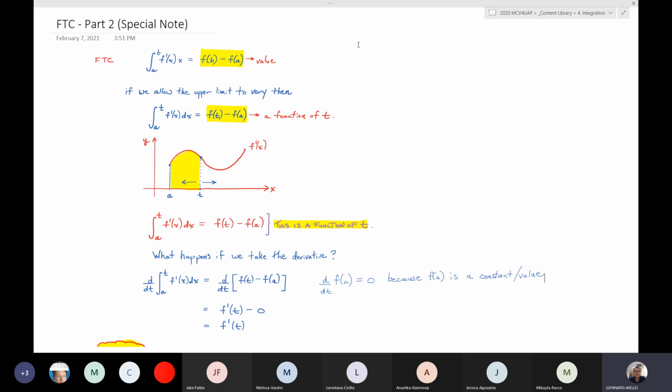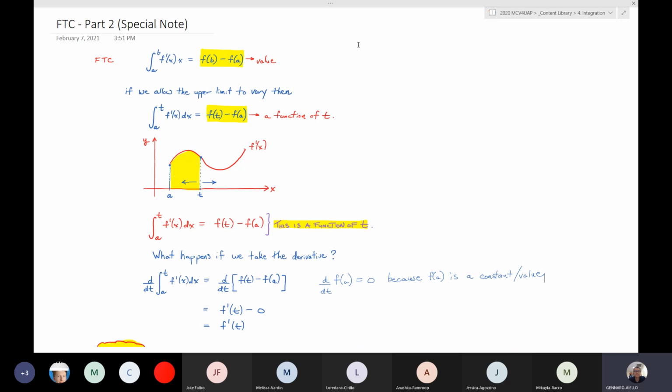So little f is the antiderivative of f prime evaluated at t minus the antiderivative of f prime evaluated at a. But the difference now is that the result is a function of time. Because we've got an upper limit that's a variable, the result will be a function of time.